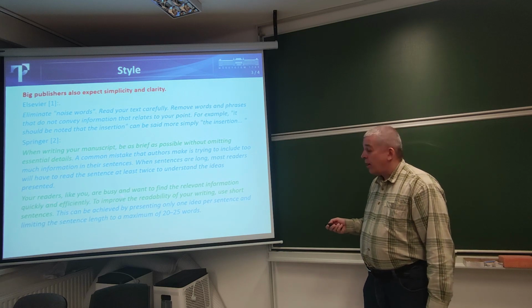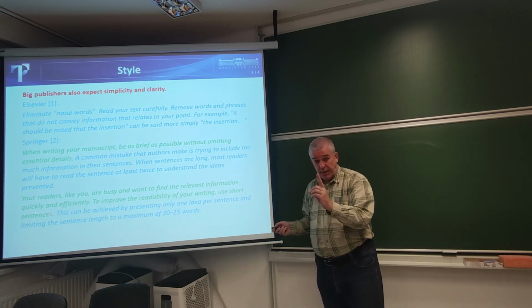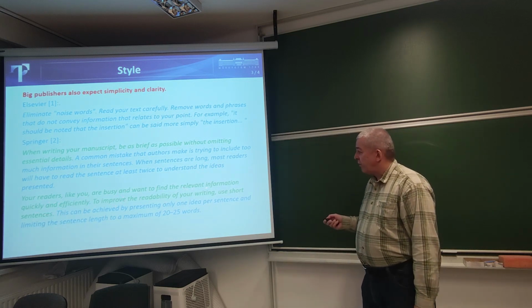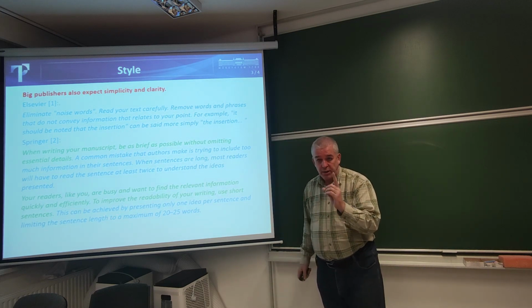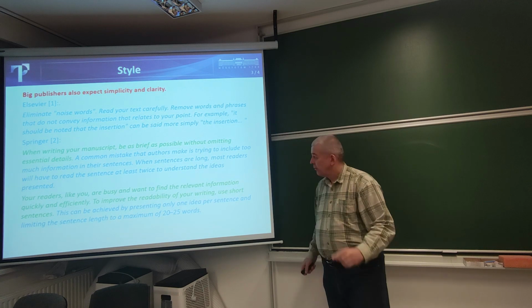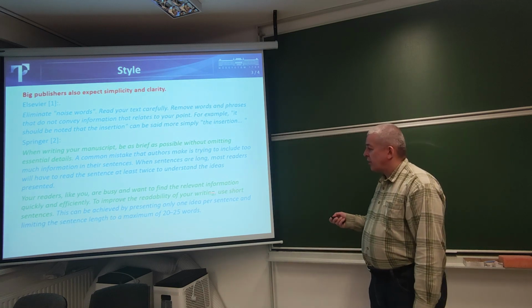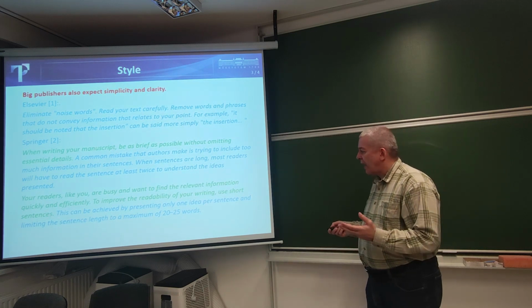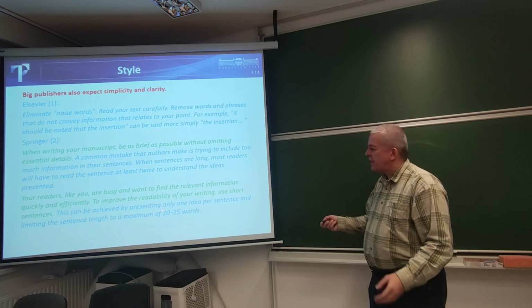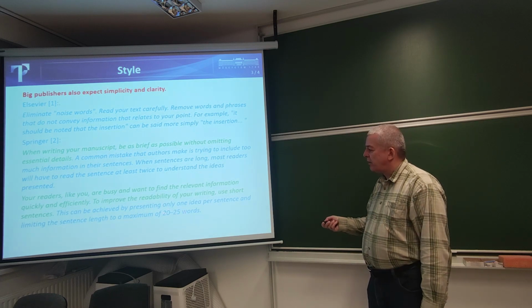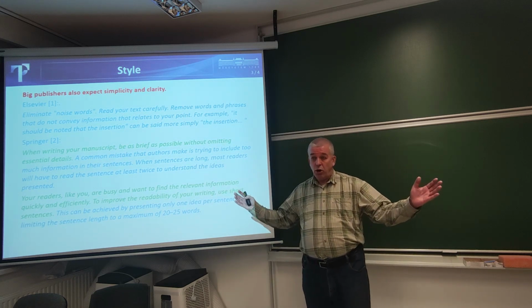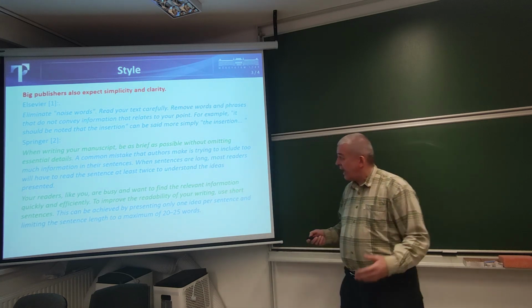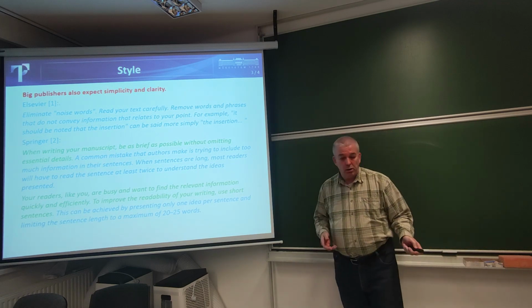Your readers, like you, are busy, okay, and want to find the relevant information quickly. Don't waste the reader's time. Use short sentences. All right. Sometimes Springer says a sentence should be 20-25 words on average. Of course, a sentence can be longer, but don't make every sentence very long.